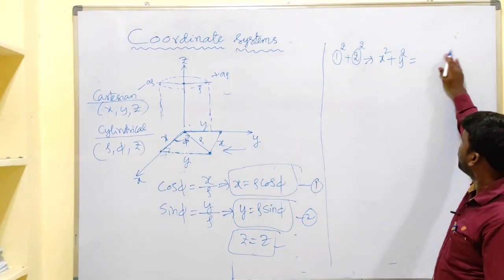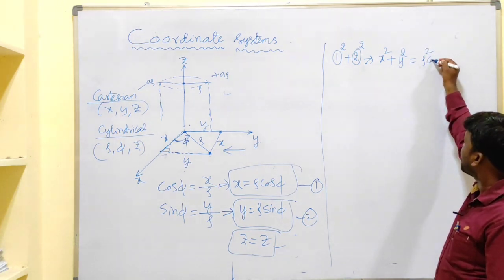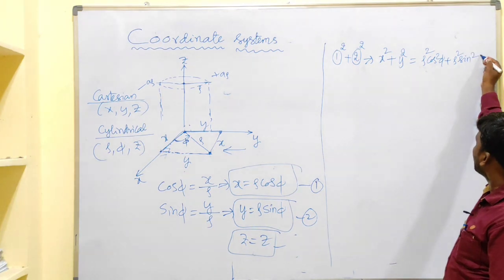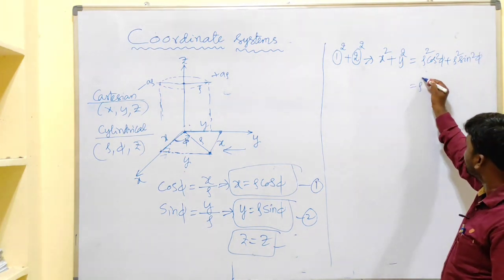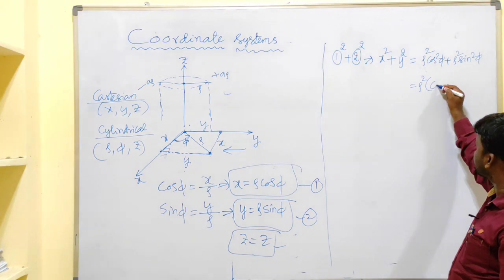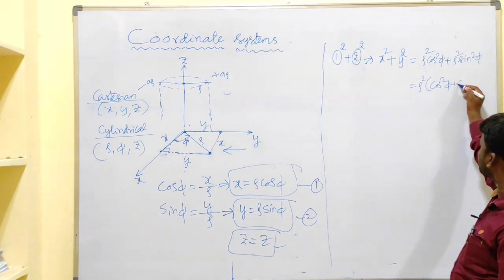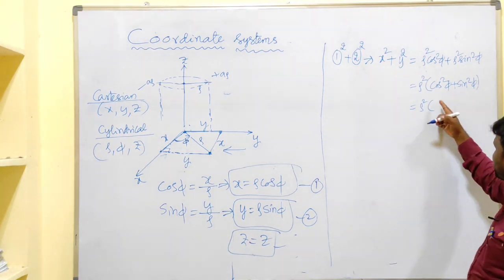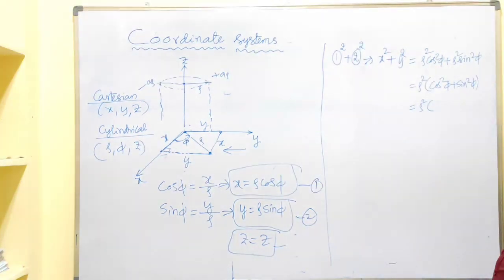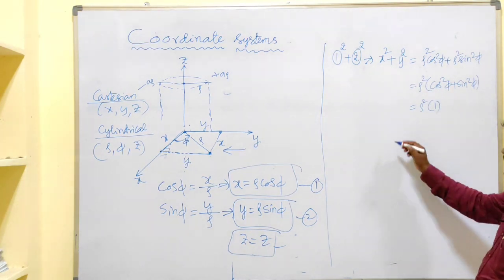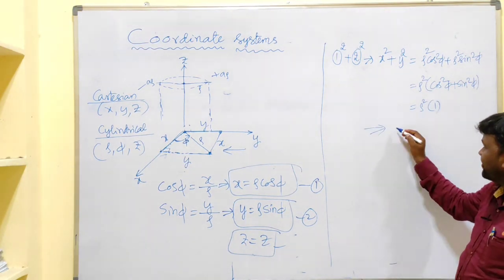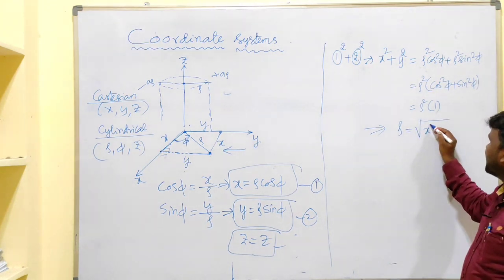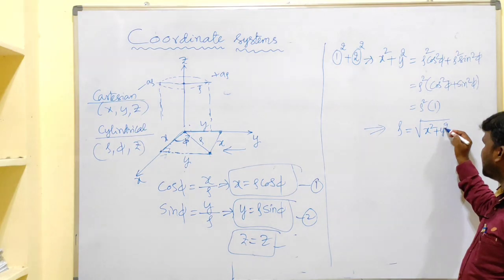On the right hand side, we get rho square cos square pi plus rho square sin square pi. Here we can take rho square as common. We can write this as rho square times cos square pi plus sin square pi. It is in the form of cos square theta plus sin square theta, equivalent to 1. Now, from this, rho is equal to under root x square plus y square.